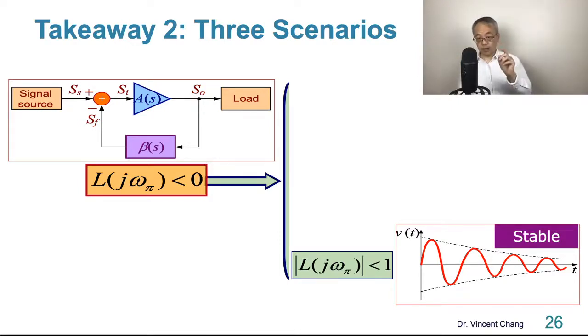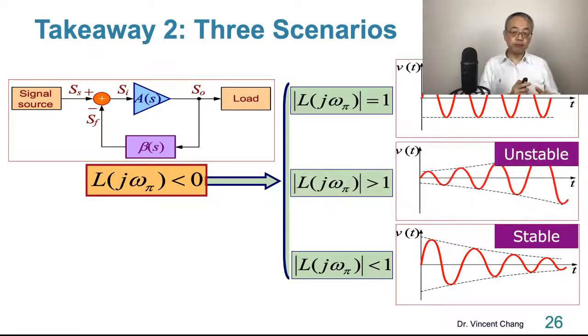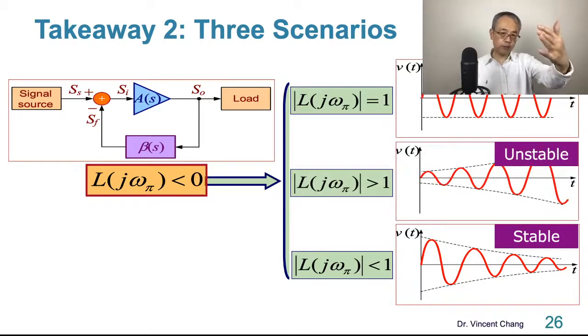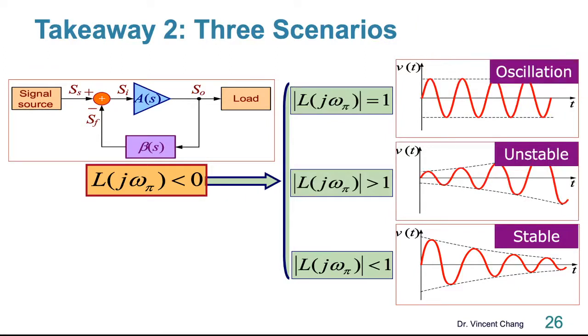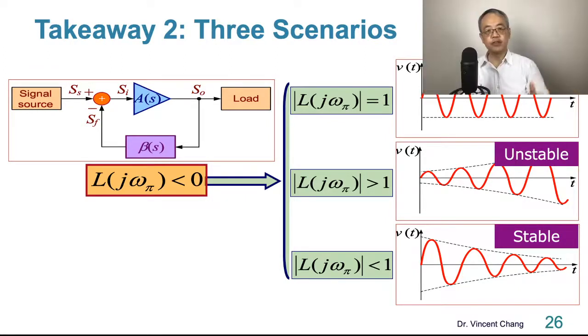But if it equals 1 at this frequency, then oscillation happens. If greater than 1, the circuit turns into an unstable situation.